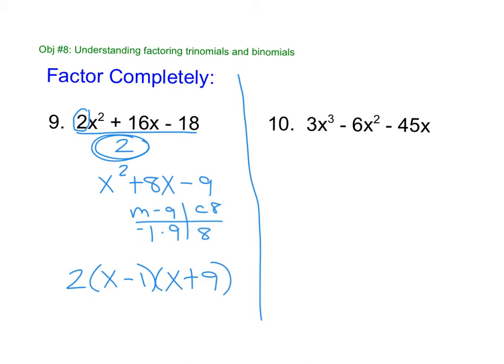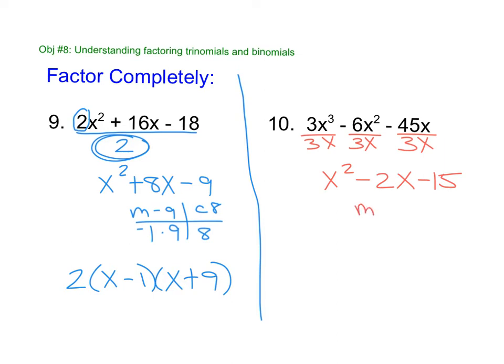Remember, GCF first. My GCF of 3, 6, and 45 is 3. But then notice there's x's everywhere, so I'm going to take the smallest x. So I divide and get x squared minus 2x minus 15. Now that's a trinomial, so that's my MC chart again.